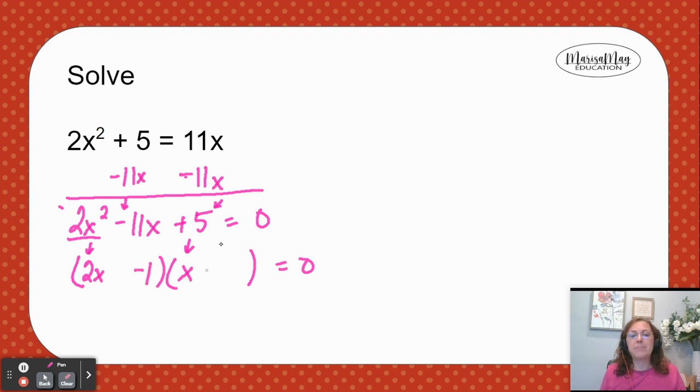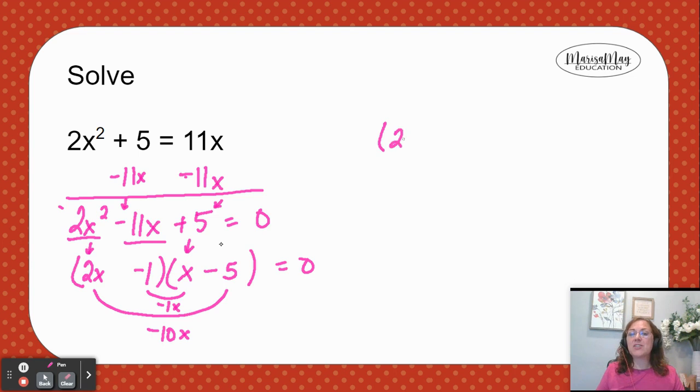I know that the -1 goes in the first parentheses and the -5 goes in the second for this reason. When I multiply the 2x times the -5, I get -10x. When I multiply the -1 times the x, I get -1x. When I add those together, I get -11x, and that's what we want out of this middle term.